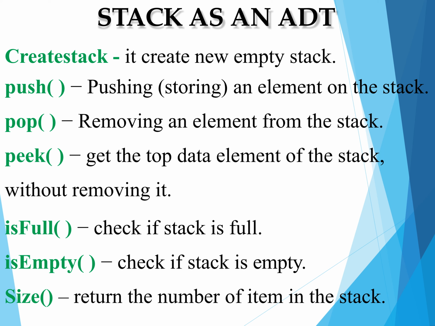So we are going to use a pop function. The next one is peek. It's basically used to get the top data element of the stack without removing it. In pop we just remove the element, but in peek we just get that top element without removing that element. So this is the difference between pop and peek.